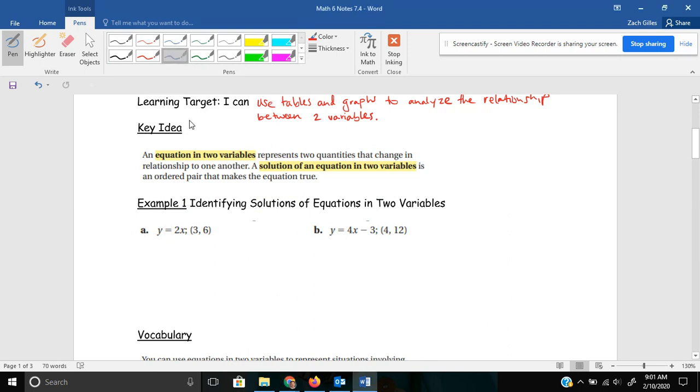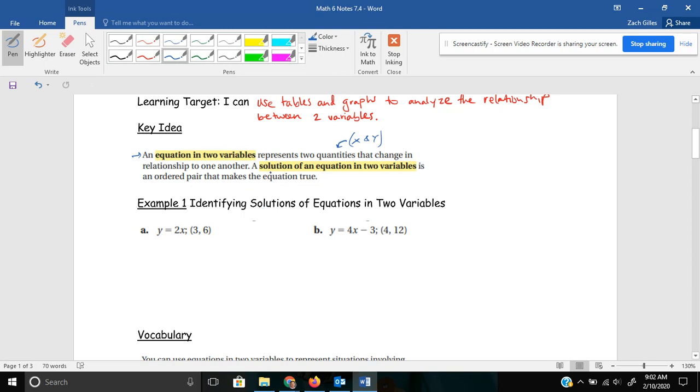For our first key idea, it says an equation in two variables represents two quantities. A lot of times it's x and y, but remember, in real life, they represent something that can change in relationship to one another. So as x increases, y also increases, or vice versa, or it could be the opposite of that.